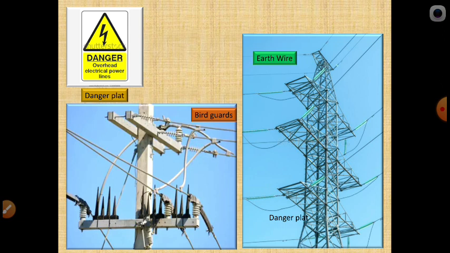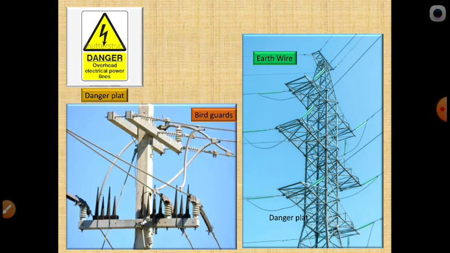Another one is the earth wire, which is very important. The earth wire runs on the top of the towers to protect the line against lightning. In a substation we use lightning arresters, but along a transmission line of some hundreds of kilometers, how are we going to protect it? For this we use earth wires.